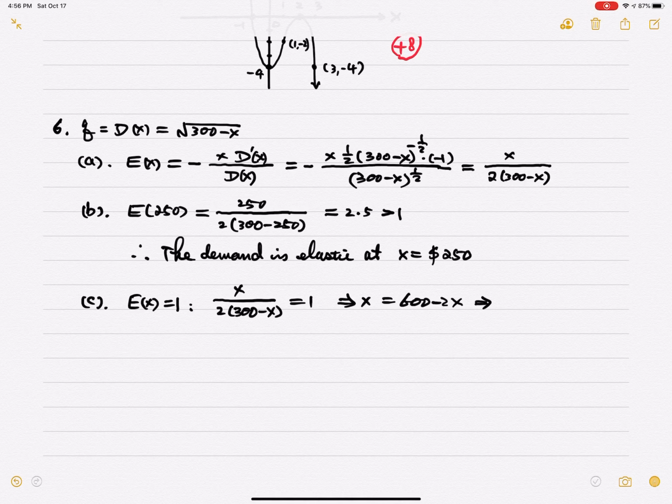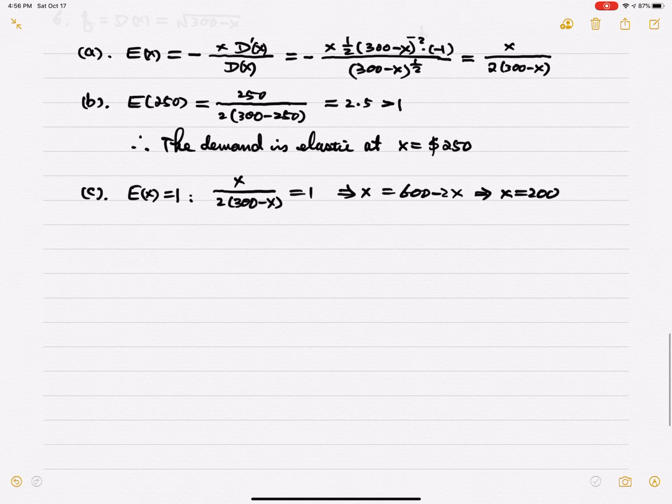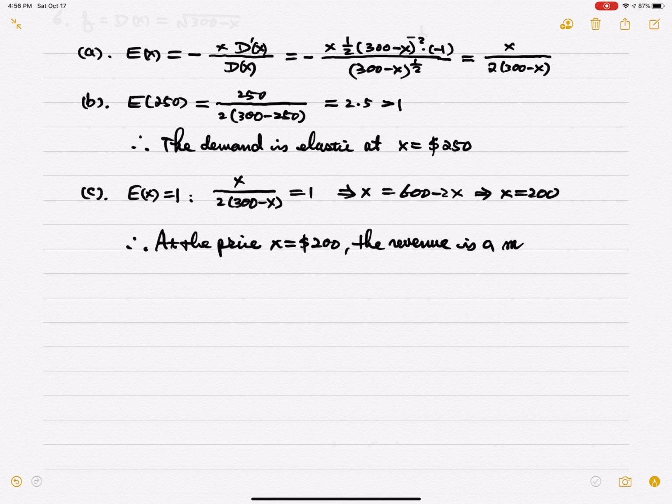You move the 2x to the left-hand side and divide both sides by 3, so x equals 200. Therefore, at the price x equal to 200, the revenue is a maximum.